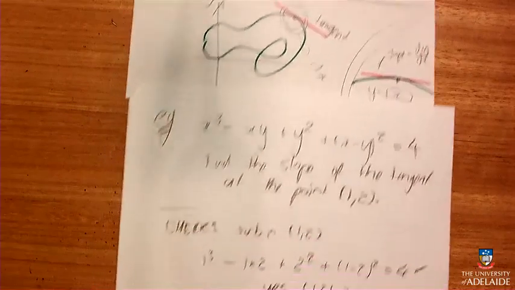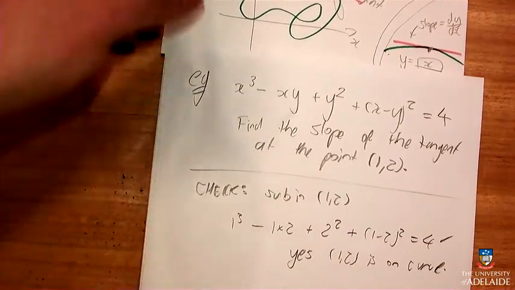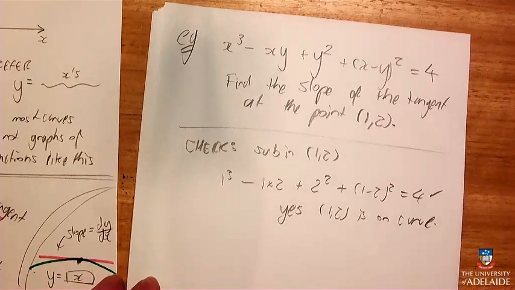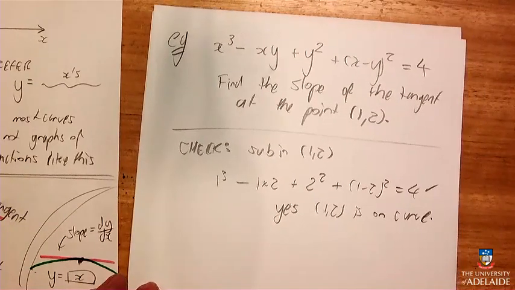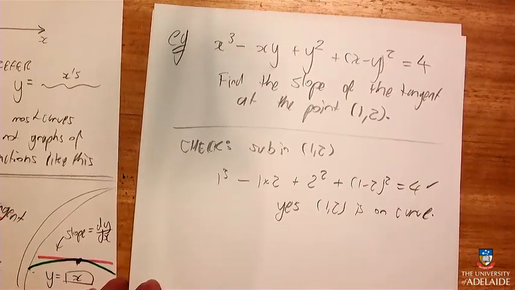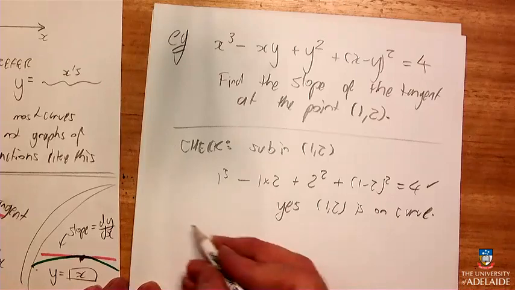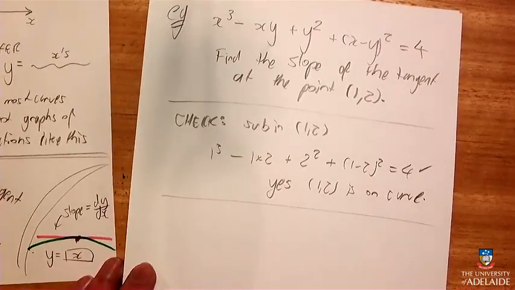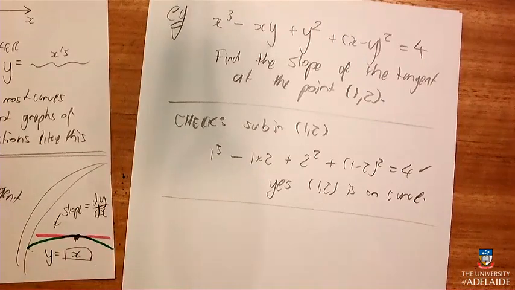If you sub things in, you can tell whether they're on there or not. So if it didn't come out to 4, it wouldn't have been on the curve, and I would have said this point is not on that curve, I can't answer the question. Which has happened at least once in an exam that I've been in, that the question wasn't possible. So sometimes people who check these things miss that sort of thing.